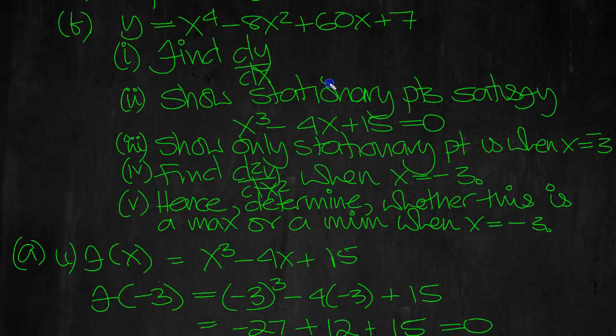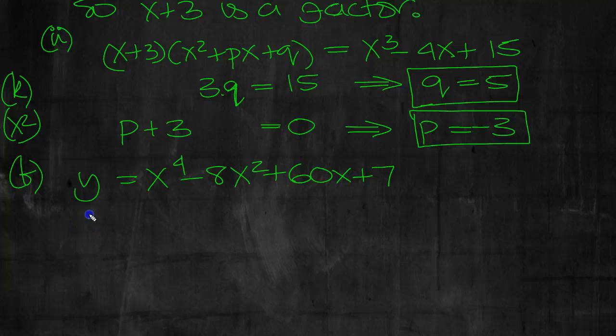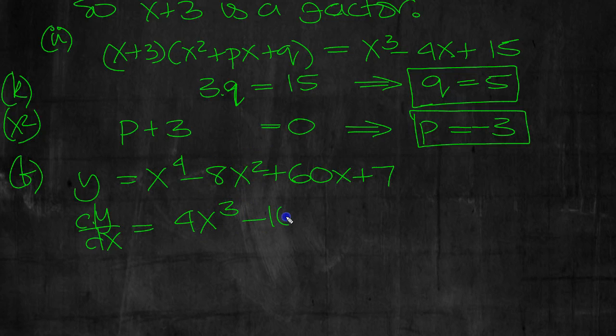Find dy dx and show the stationary points satisfy this. That's parts 1 and 2. So dy dx is equal to 4x cubed minus 16x plus 60. That's part 1.